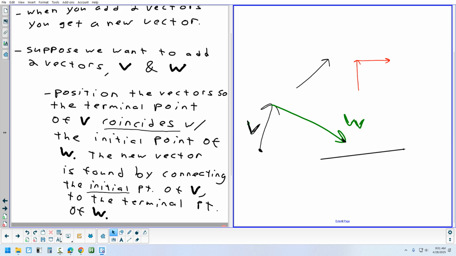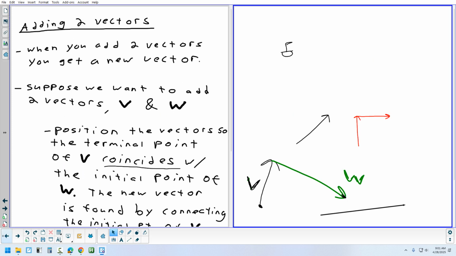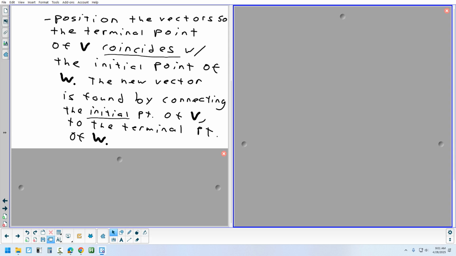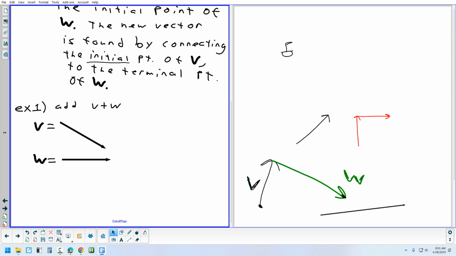All right. So I got an example. Right there. So let's add V and W together. If I want to add these together visually, what's the first thing I have to do with these two vectors?